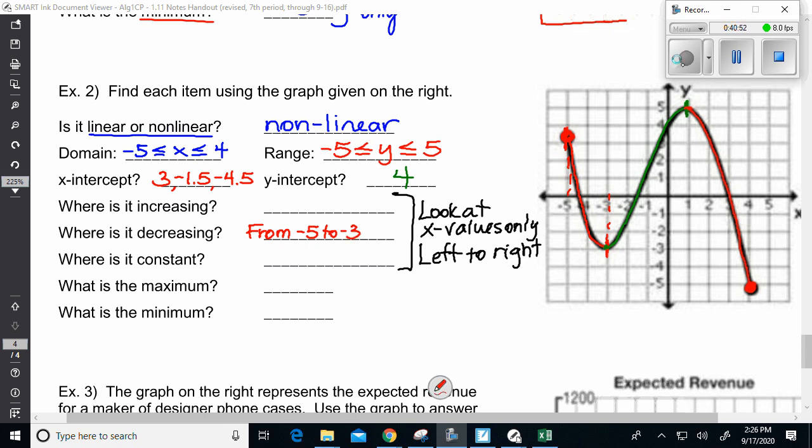And then the other part is from 1 to 4. Again, you're only looking at the x values. You're not looking at y values. So right now, just pretend that the y-axis doesn't exist and that it's not there.